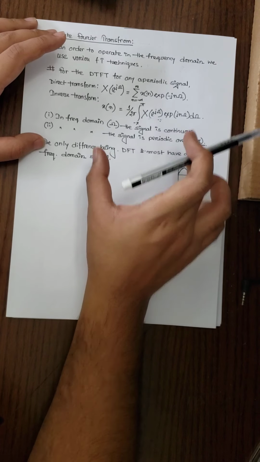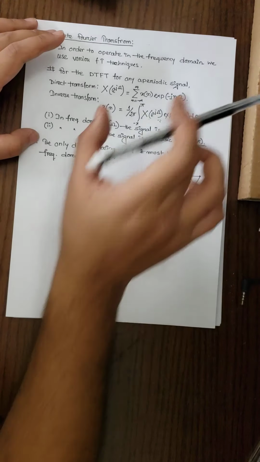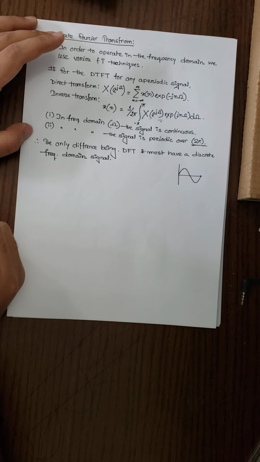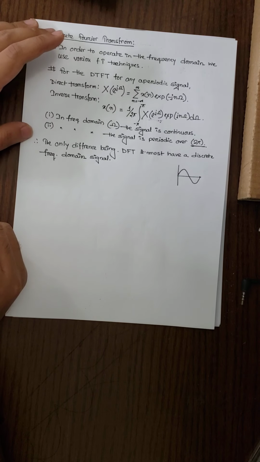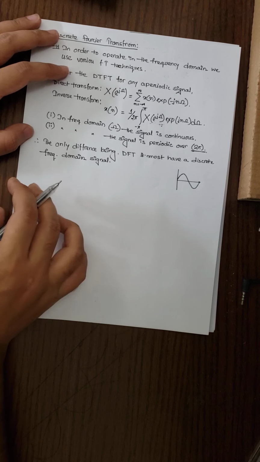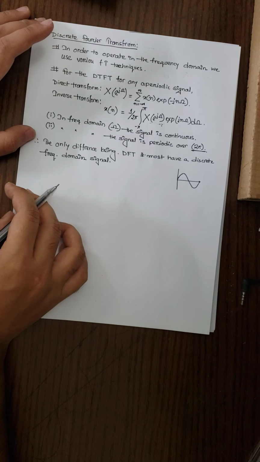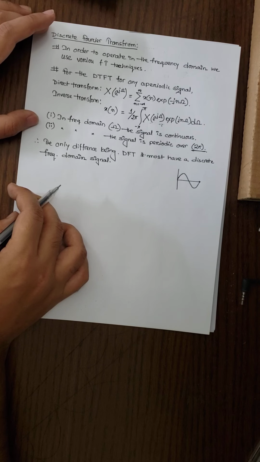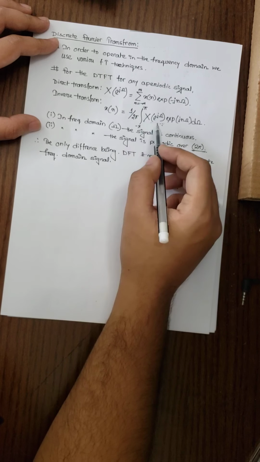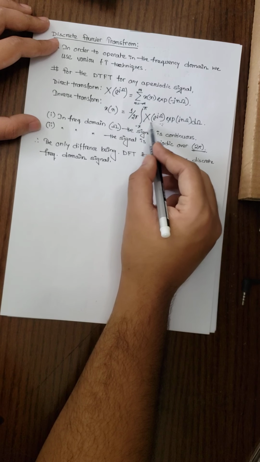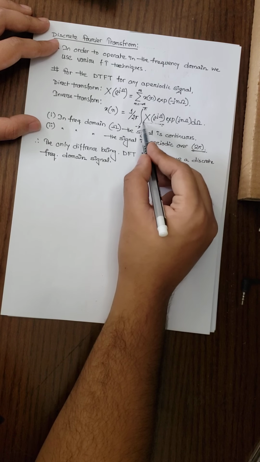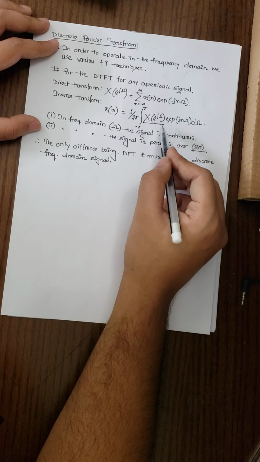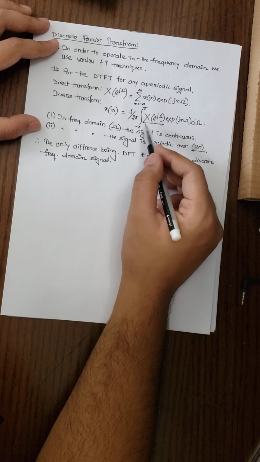So that is the algorithm that is used to operate integration. I hope I am able to make you clear about the necessity of the discrete Fourier transform. So what we must do now is, our task will be to transform this continuous frequency domain signal to a discrete frequency domain signal.